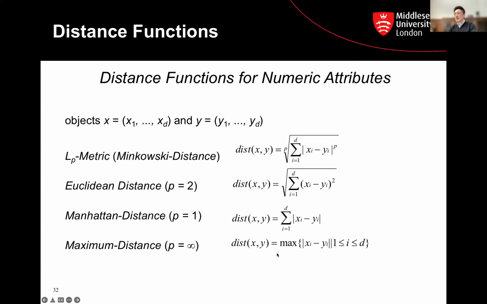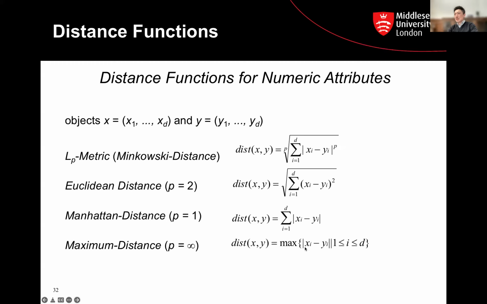Okay, so for example, you have the Euclidean distance, which you're familiar with. Then this number here doesn't have to be 2, it can be 1, which then becomes this, or it can become 3, 4, 5, which becomes this one. And this is a different distance measure.